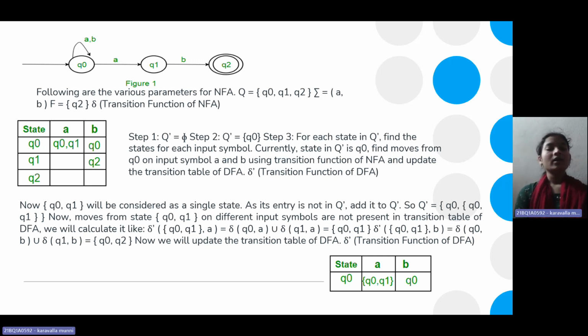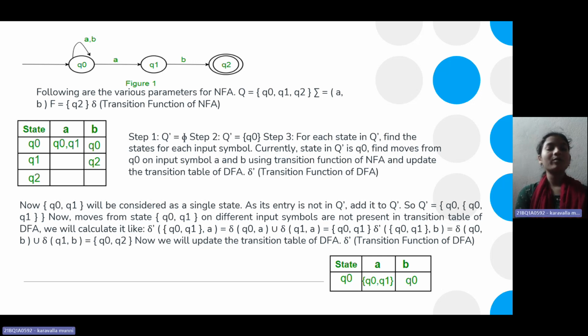Step 1. Here Q is equal to epsilon. Step 2. For each state in Q, find the states for each input symbol. Currently, the state in Q is Q0. Find moves from Q0 on input symbols A and B using the transition function of the NFA and update the transition table of the DFA.